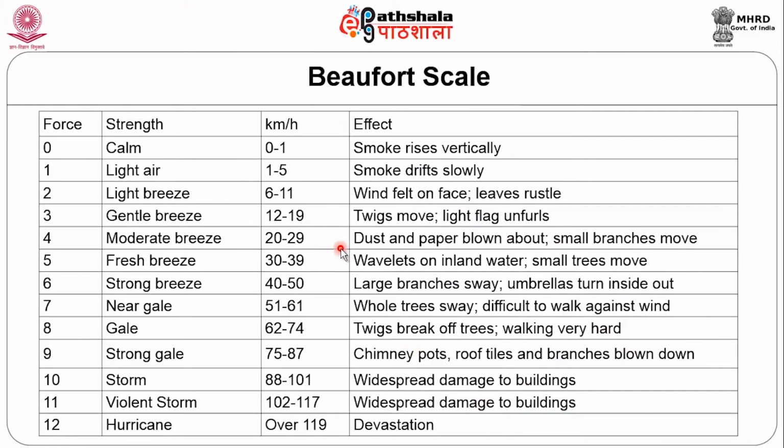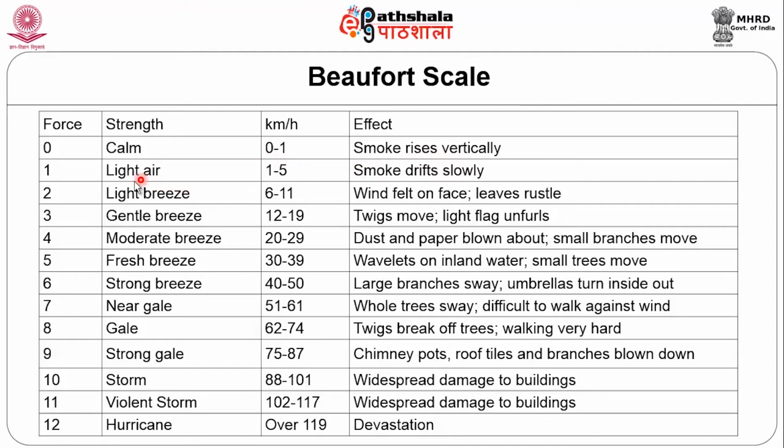And this is about the Beaufort scale, where the force is given from 0 to 12. When the number increases, the intensity is also increasing and the speed in kilometers per hour is increasing, and various effects are given. For example, force 0 means it is very calm, 0 to 1 kilometer per hour, and smoke rises vertically, so the effect is not much.